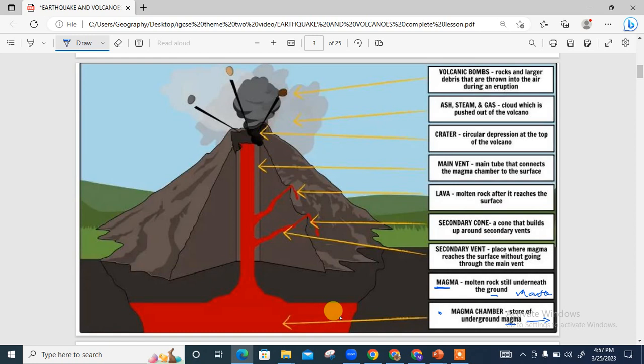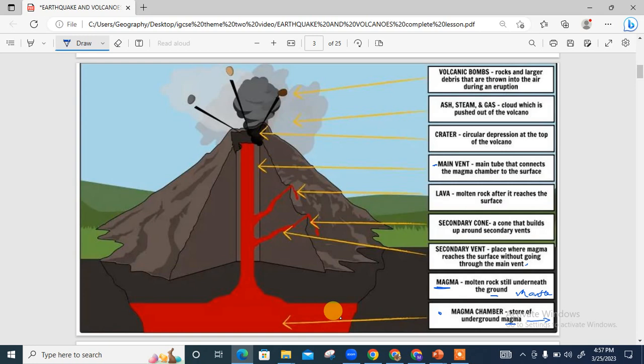The secondary vent is a place where magma reaches the surface without going through the main vent, like the side of the volcano. The main vent itself is the main tube that connects the magma chamber to the surface of the earth.